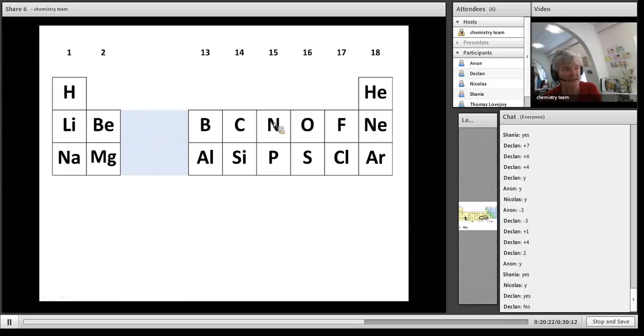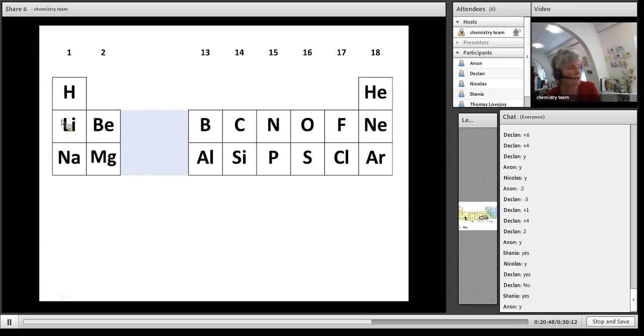Oxygen we've already done. Nitrogen. Can you see that nitrogen could gain 3 electrons to get a full energy level? If I just hop 1, 2, 3, do you see what I mean? It's like I'm adding extra electrons, and now it's got a full energy level. Does that make sense? Yep, okay.